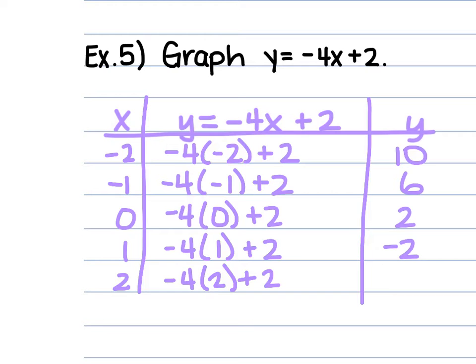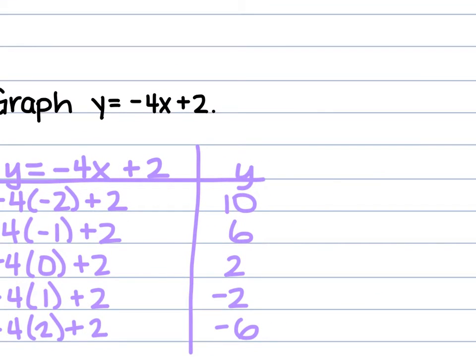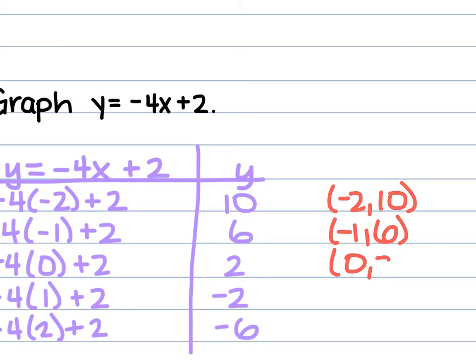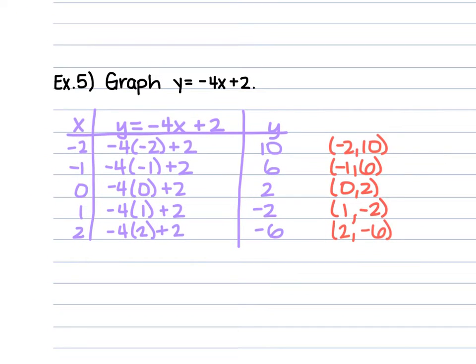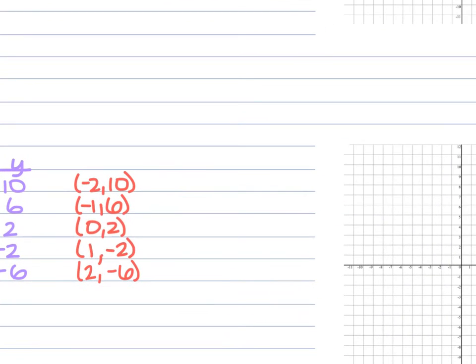It's going to give us -8 plus 2, which is -6. So these ordered pairs that we have are -2, 10, -1, 6, 0, 2, 1, -2, and 2, -6. So we plot our points here.